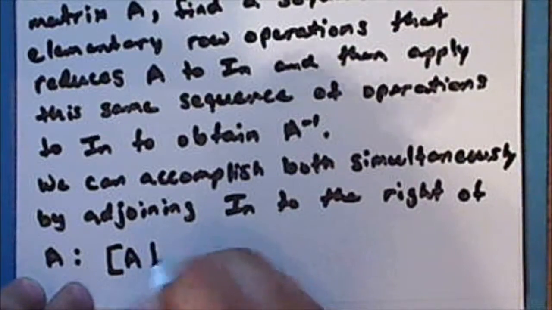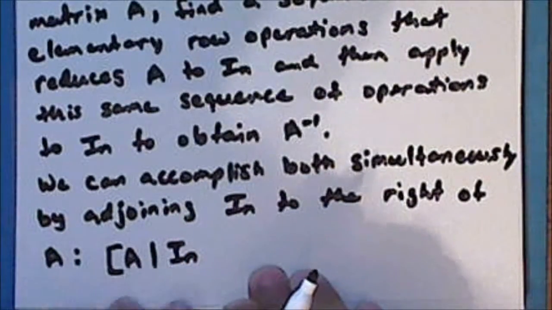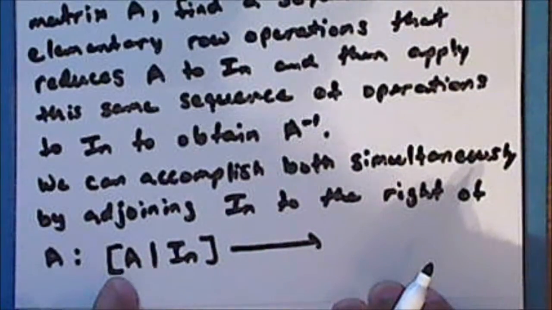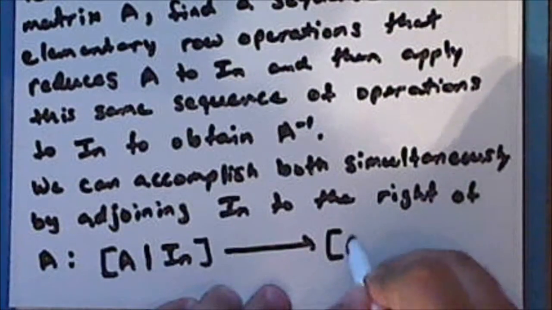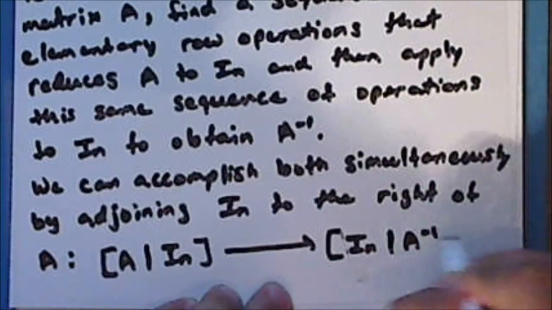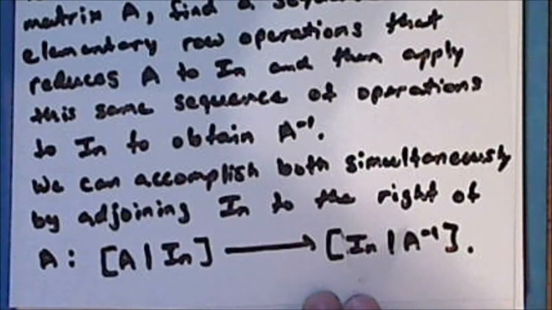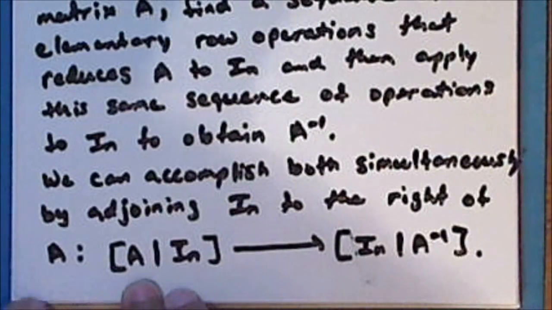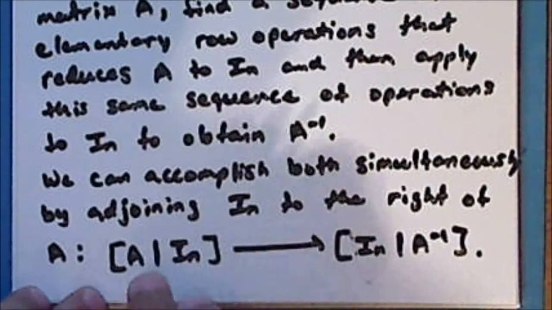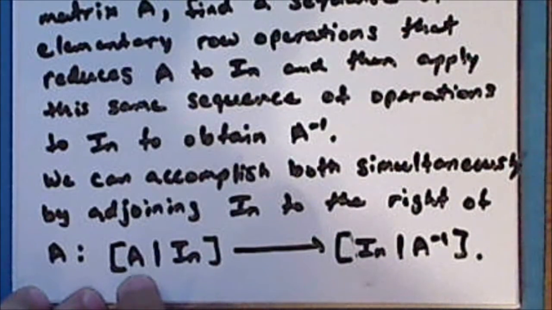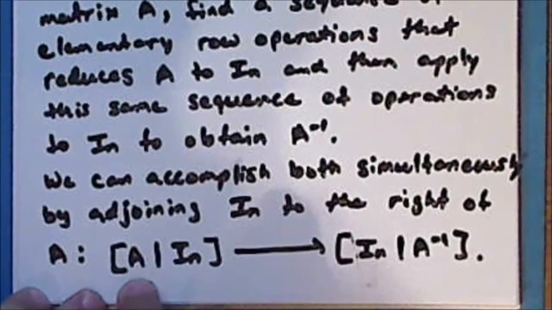We have the matrix A together with the identity to its right, and we transform the matrix A to the identity and thereby transform the identity to the inverse of A. So notice that to apply the inversion algorithm, we assume that a square matrix is invertible, and if during the process of reducing the matrix A to the identity, we obtain a matrix with one or more rows consisting entirely of zeros, we have discovered that the matrix A is singular.